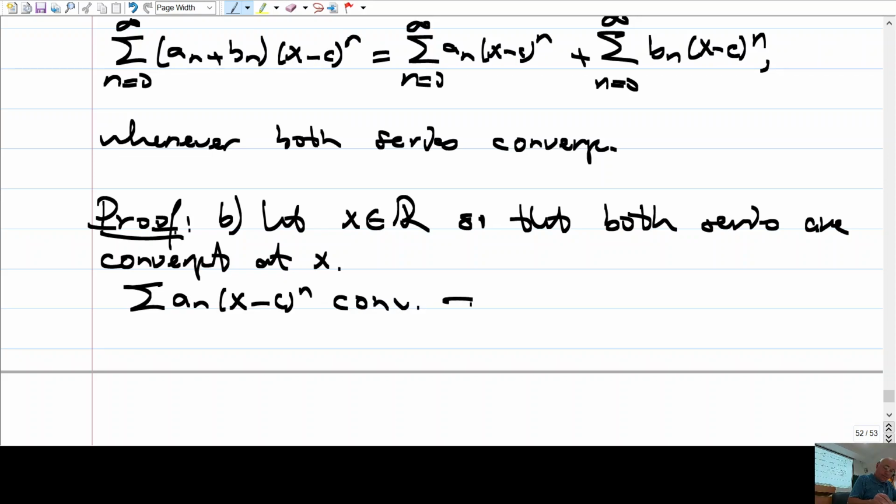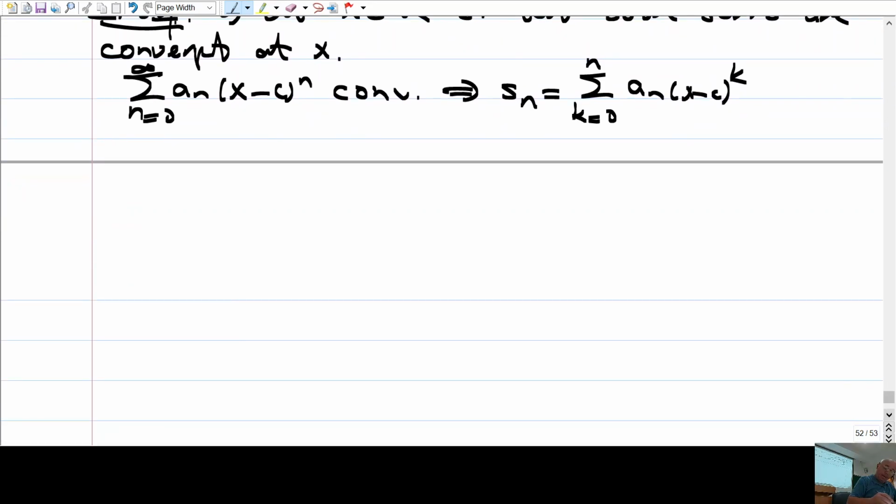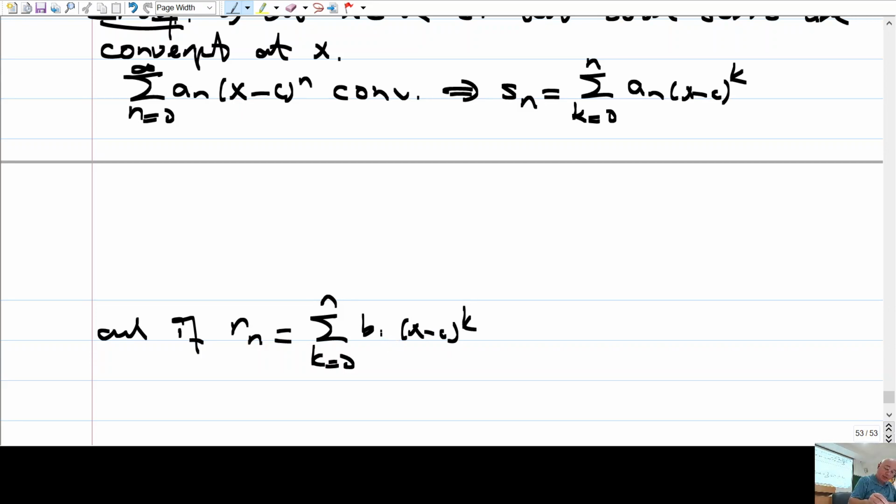Convergent means what? The sequence of partial sums is convergent, right? Let S_n be the sum over k from 0 up to n, so I take the first n plus 1 terms. And let R_n be the corresponding partial sum of b_k (x minus c)^k.